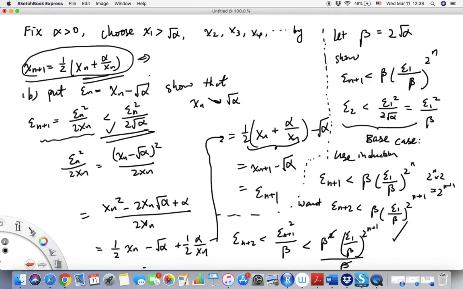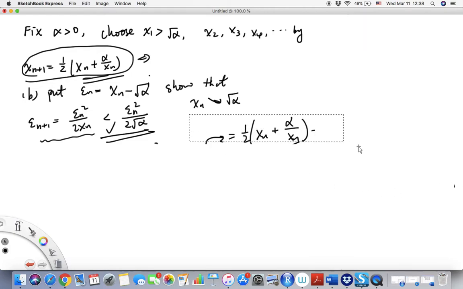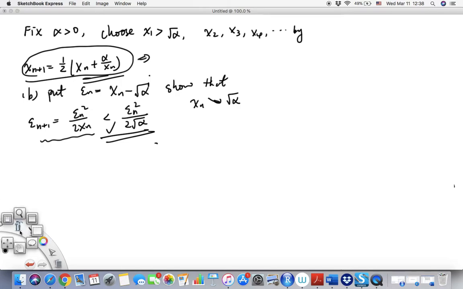All right, okay. So what is this question doing? So let me erase some of this. So let's see. You can think of this as a way to approximate square root of alpha. Think of you are using your calculator, right?